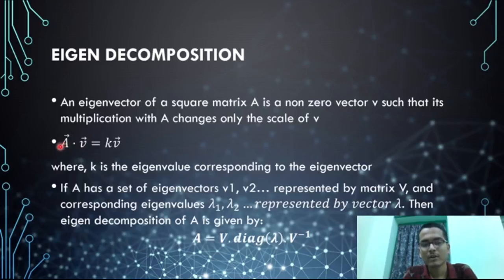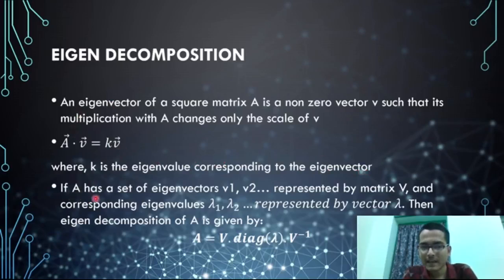I had told you this earlier also. If you do the dot product, it will just change the length of the vector v and nothing else. Then we can say that k is the eigenvalue corresponding to the eigenvector. v is the eigenvector, A is our reference matrix, k is the eigenvalue.